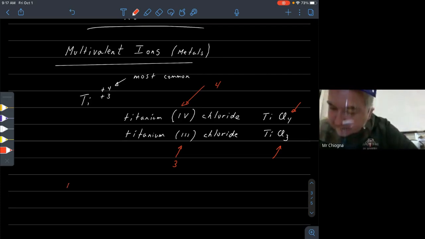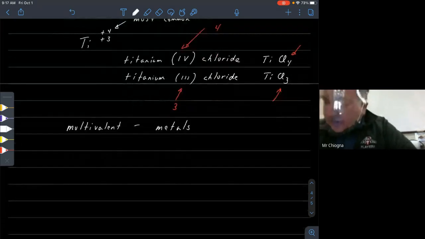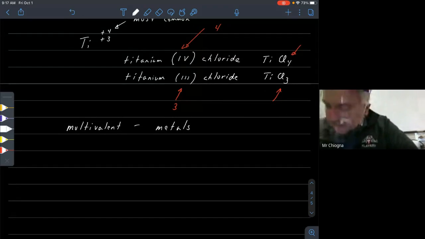Multivalent. Metals with more than 1 possible charge. Usually it's 2, it can be 3.